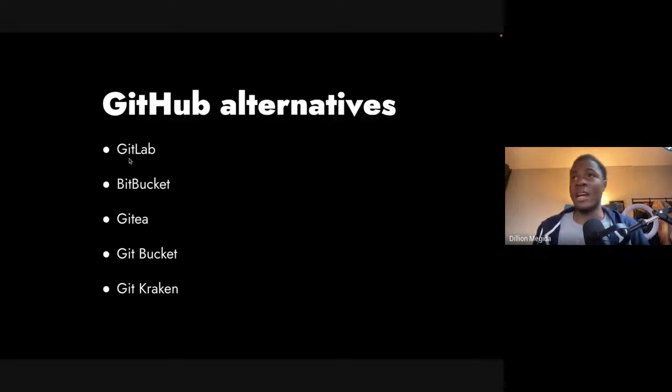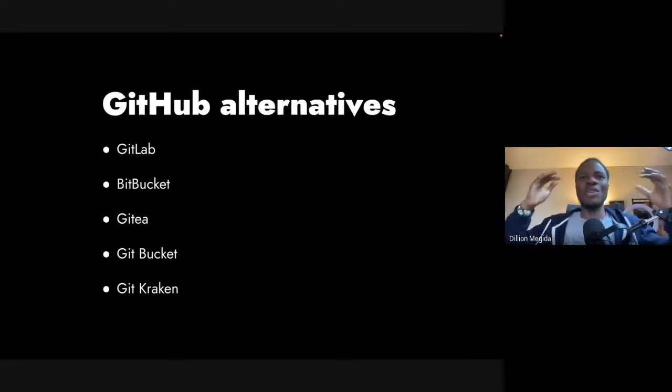Some people use GitLab, some people use Bitbucket, some people use Gitea, some people use GitBucket. Sorry, there is Bitbucket and there is GitBucket. Some people use GitKraken. The difference between these alternatives could differ. It could be that GitLab allows you to write your code directly on GitLab without having to download it to your device.